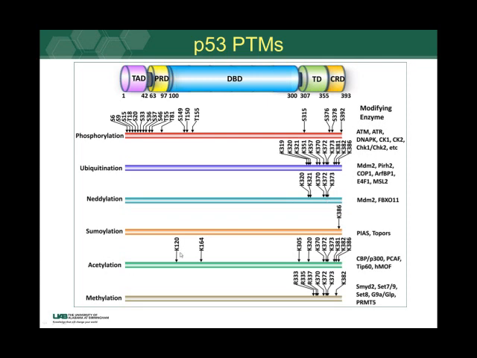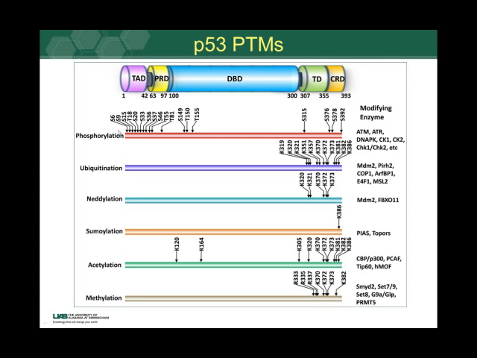And then acetylation occurs on a number of lysines in the DNA binding domain, and also in the tetramerization and regulatory domain of the C-terminus. And then methylation is another post-translational modification that also is specific for the tetramerization and the regulatory domain.